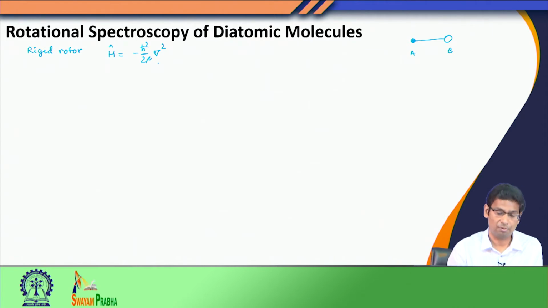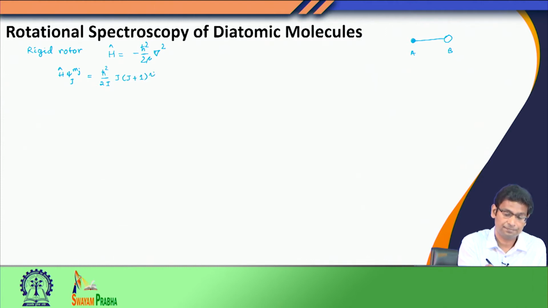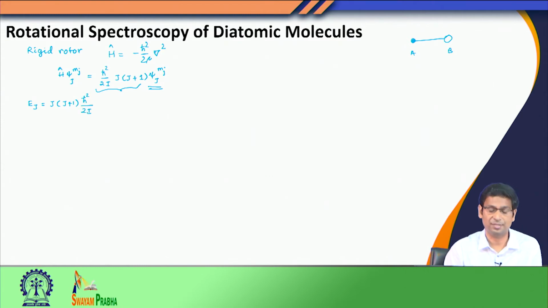Once we solved this problem, we obtained the solution this way, where these are the eigenfunctions and these are the eigenvalues. The energies were expressed in terms of the J quantum number: J into J plus 1, h bar square divided by 2I, where I is the moment of inertia.